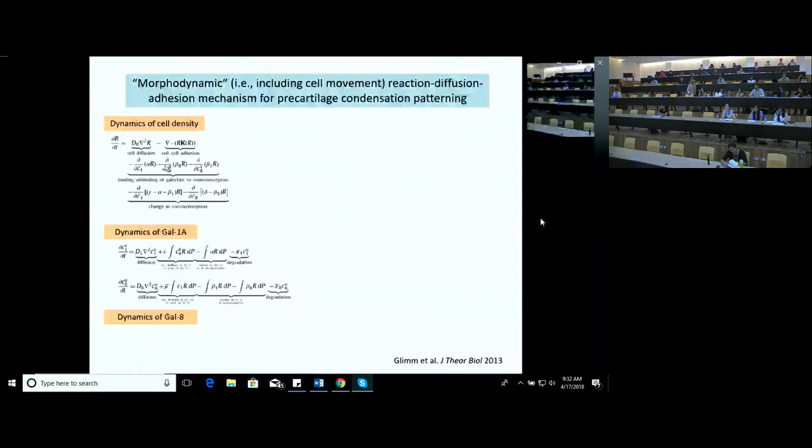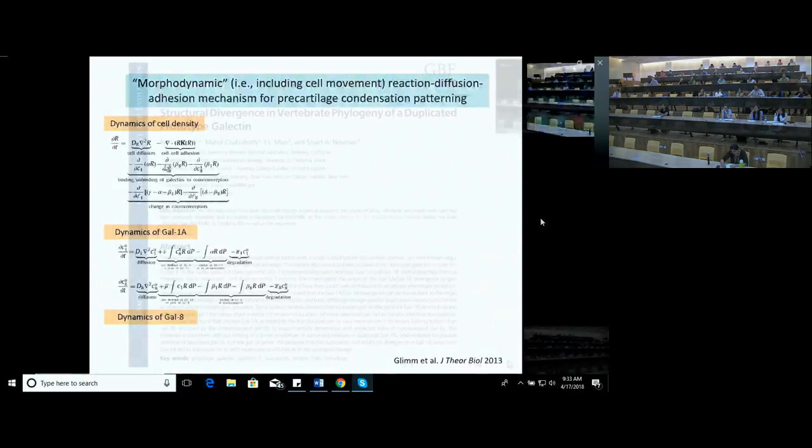And we know that that galectin does not induce cell aggregation. It does not induce skeletogenesis, and it does not track the formation of the cartilage elements or the pre-cartilage condensations. So this is a non-skeletogenic galectin.